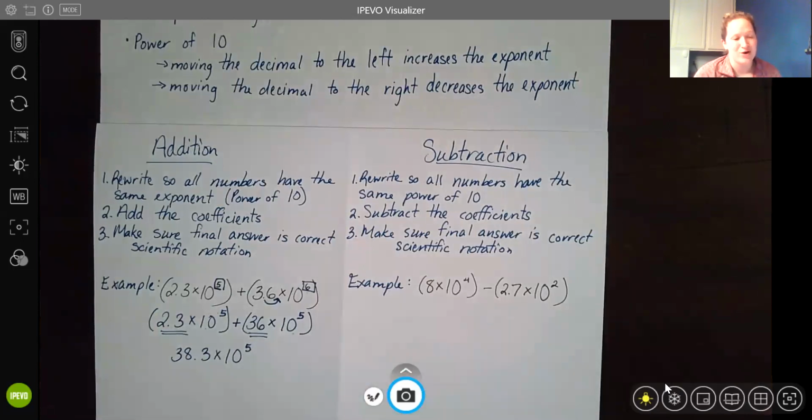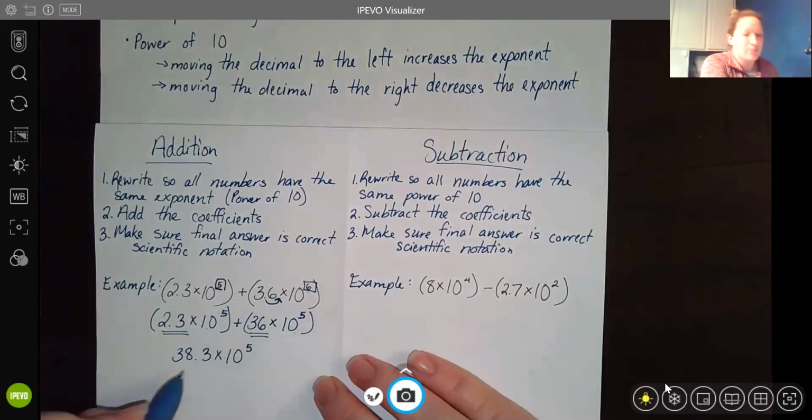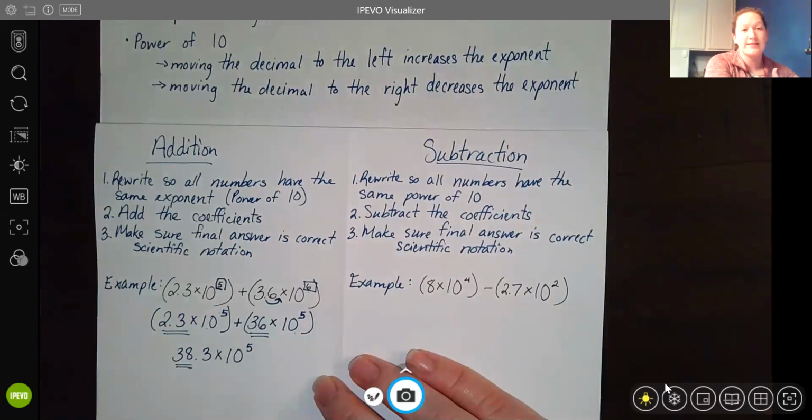If you think about multiplication and division, I said that last step is really important. We need to make sure that our answer is in correct scientific notation. This is a great example because this is not. I did all of my steps, but something forced my answer to no longer be in correct scientific notation. We can fix that, not a big deal.